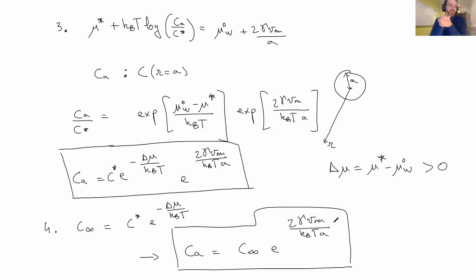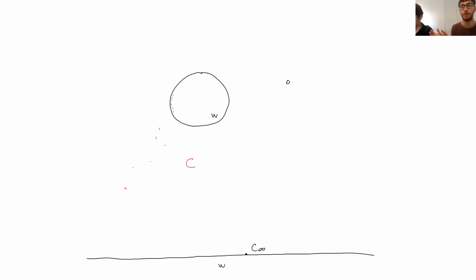How is the concentration of water molecules in the oil phase near the droplet compared to C infinity, the reference near an infinitely big droplet? We can see that CA is larger than C infinity. And so we can interpret that if a molecule is close to the interface, it will finally reach the interface and join the infinity phase. And so the concentration will be a bit lower close to the interface than in the bulk.